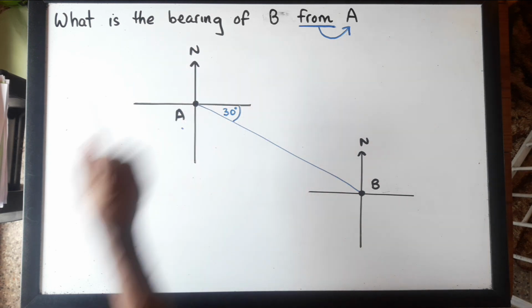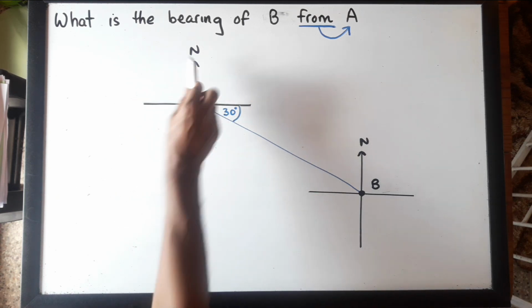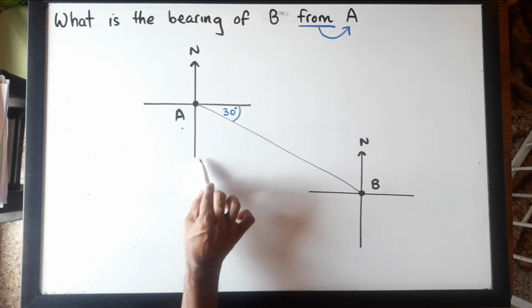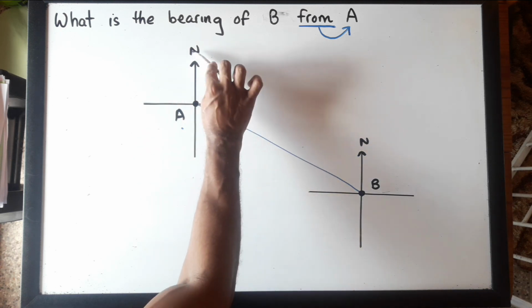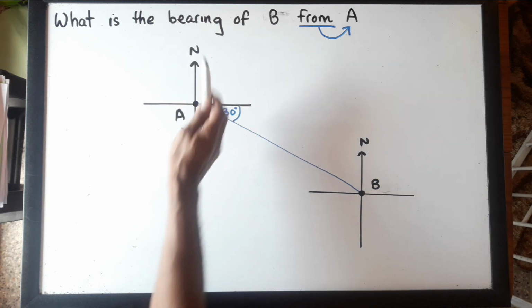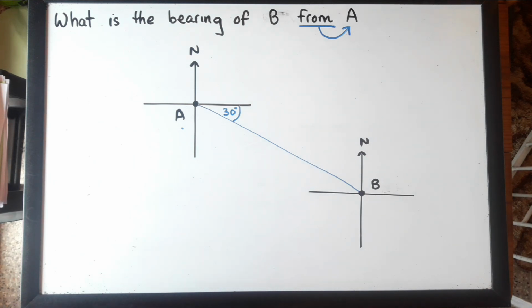You notice I only wrote in the north. In most textbooks and exams, they will only put in the north. They will assume that you know here is east, here is south, and here is west. Remember, if you're only allowed to spin clockwise, and you have to assume that you are starting at north.